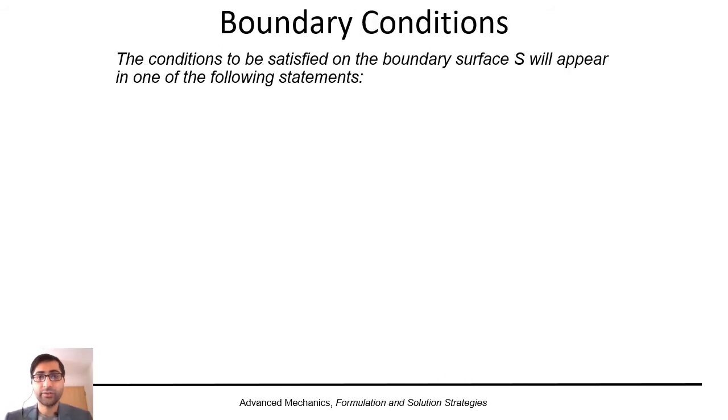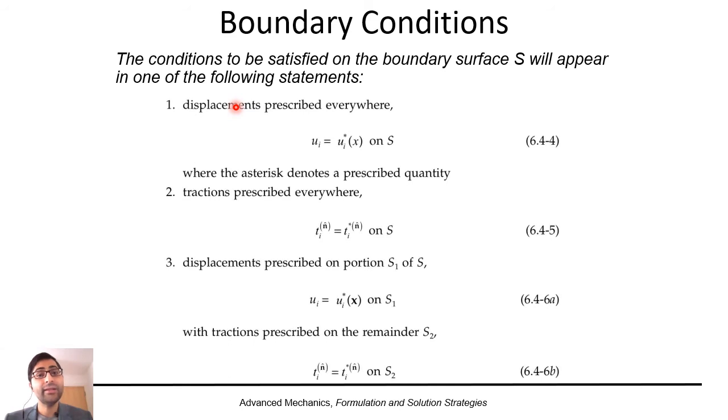Let's start with boundary conditions. These are the conditions to be satisfied on the boundary surface S and will appear in one of the following statements. It can be displacement prescribed everywhere. Basically, we know the displacement of body surface.